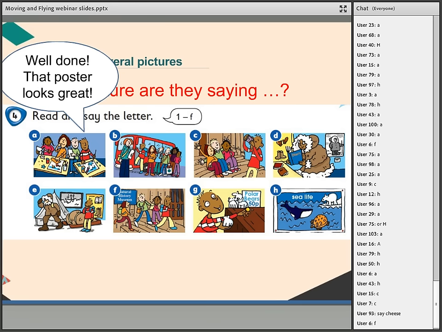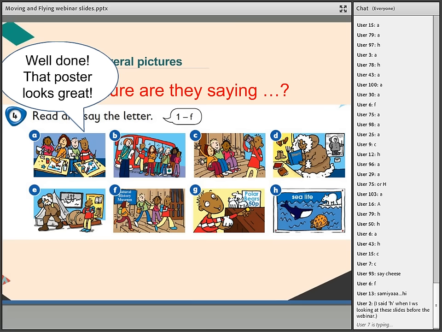And the last one, interestingly, could actually go with A, where the children are making posters, or it could go with H, where we have a poster of sea life, which maybe the children made after their visit to the museum.